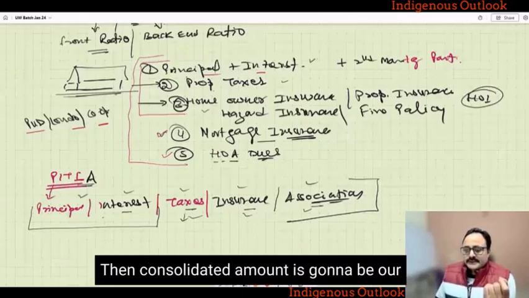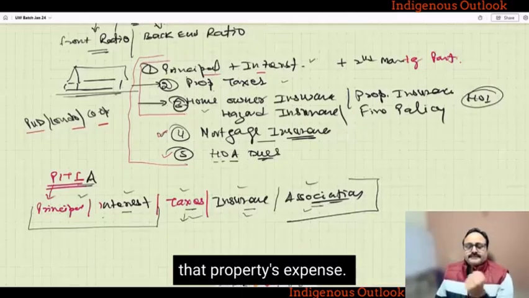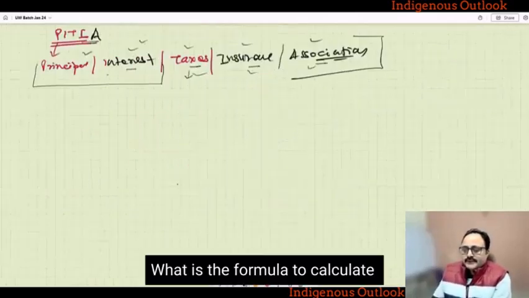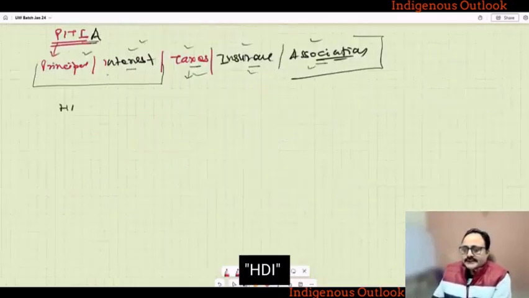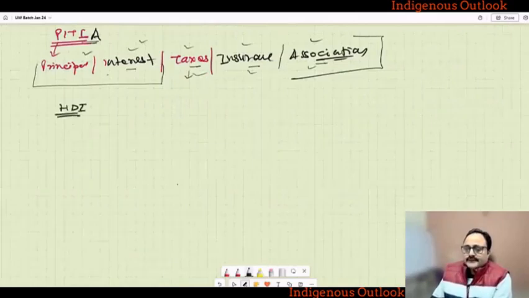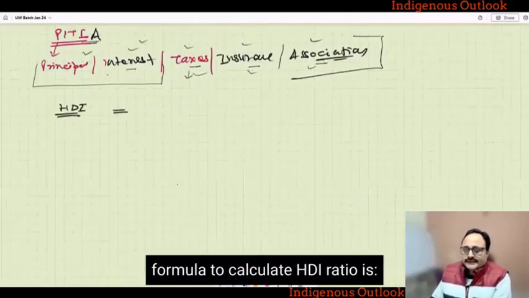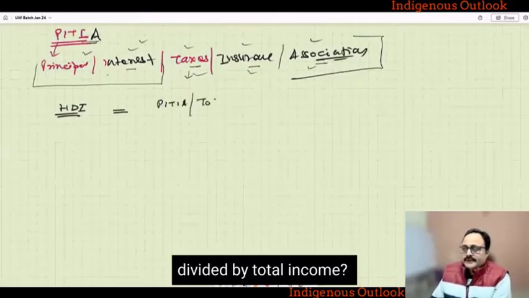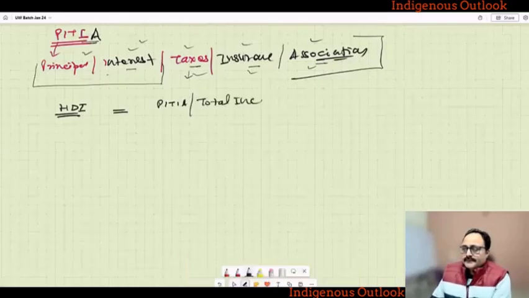Then the consolidated amount is that property's expense. Okay. What is the formula to calculate HDI? The formula to calculate the HDI ratio is your PITIA divided by total income.